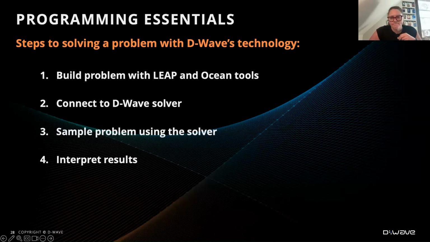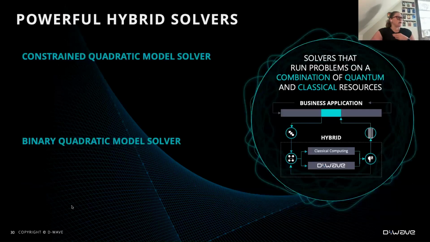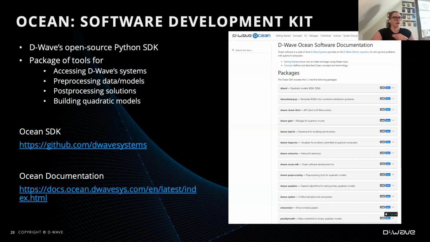I mentioned Ocean, our software development kit, and I thought this was a good time to talk about the documentation that's available. So this is an open source Python SDK. You can go ahead and look at the Ocean documentation and you'll come up with a page that looks like this.